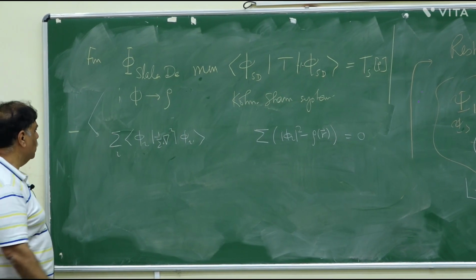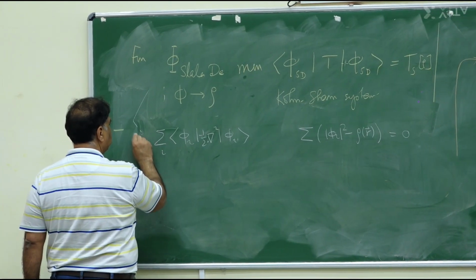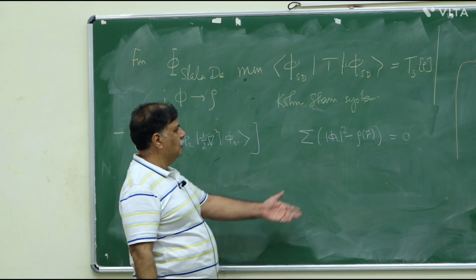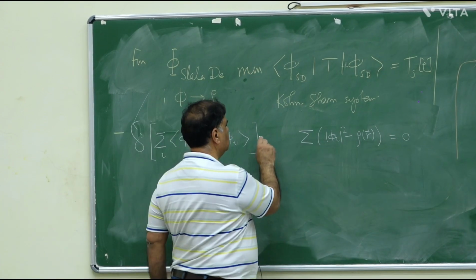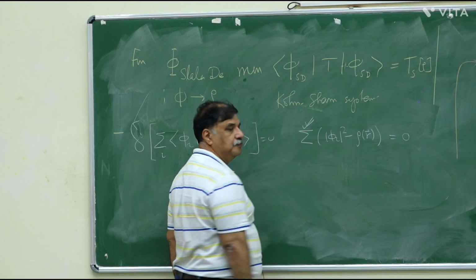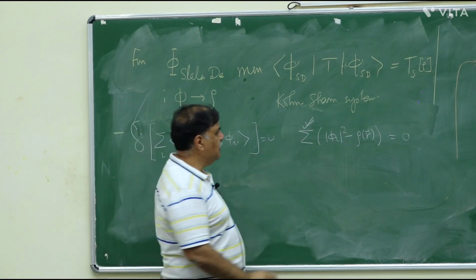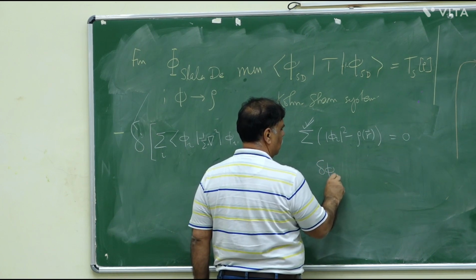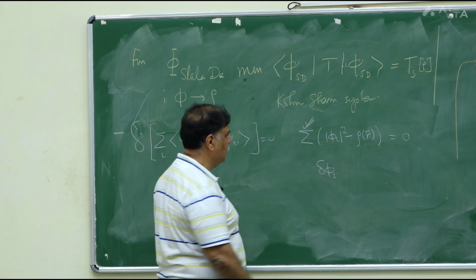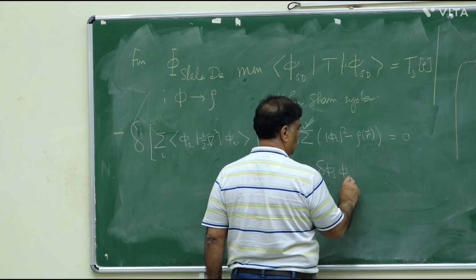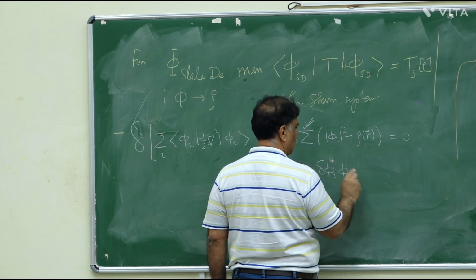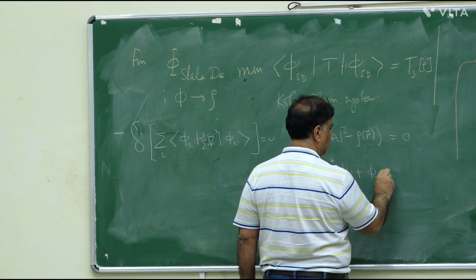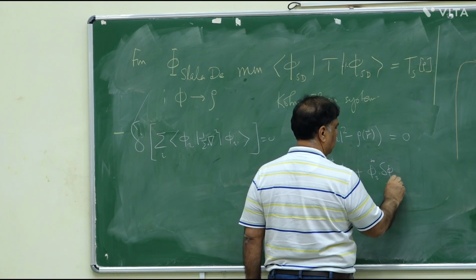I'm doing that. So what am I doing? I am taking a variation of this and making it equal to 0 with this condition. What this condition means in return, because rho is fixed, is delta phi i star phi i plus phi i star delta phi i is 0.